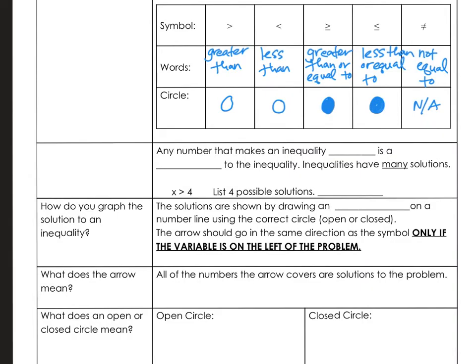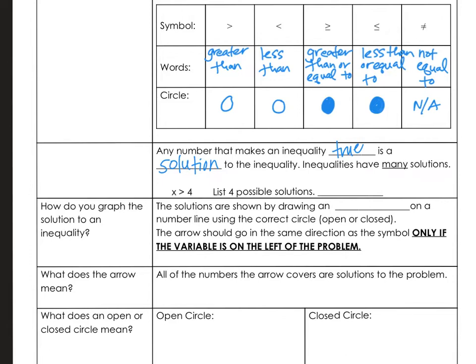So any number that makes an inequality true is a solution to the inequality. Inequalities have many solutions. For example, this one reads as x is greater than 4. So that means x is any number that is bigger than 4.